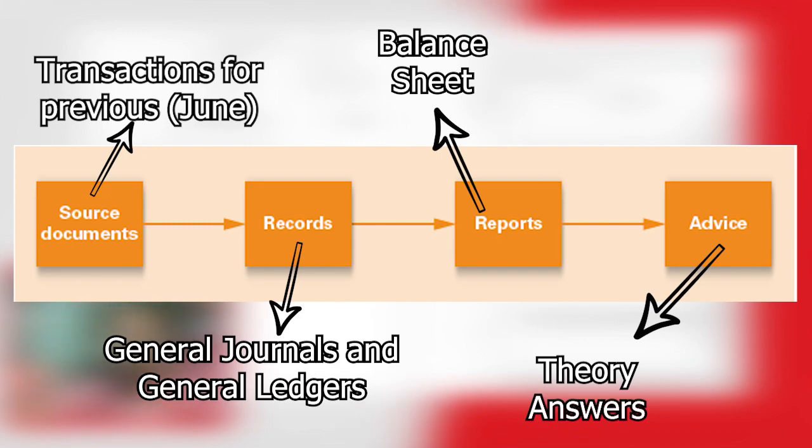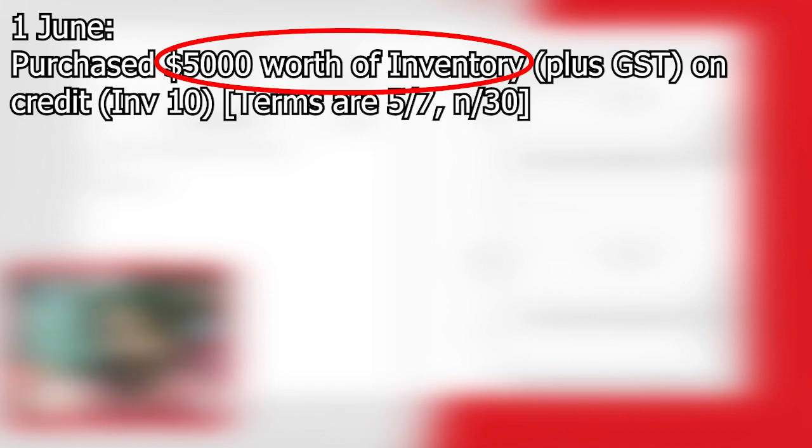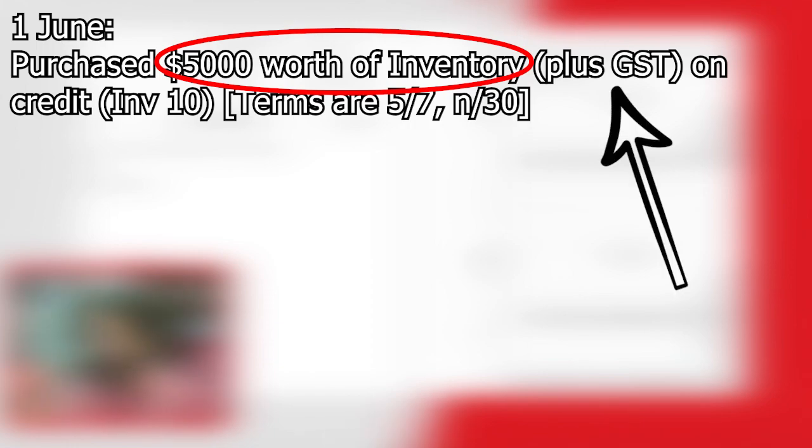Our general journal: we can see on the 1st of June, inventory, because we receive inventory, asset going up, is 5,000. We have paid GST, even though we haven't physically given the money yet. GST is still calculated when it occurs, and that GST clearing is a debit of 500 because we now owe less.